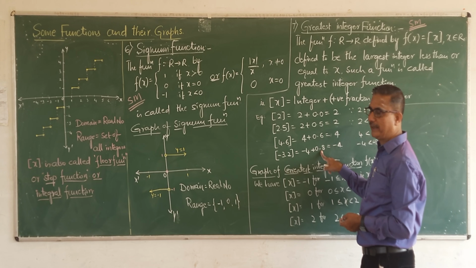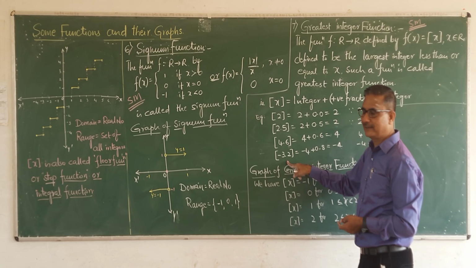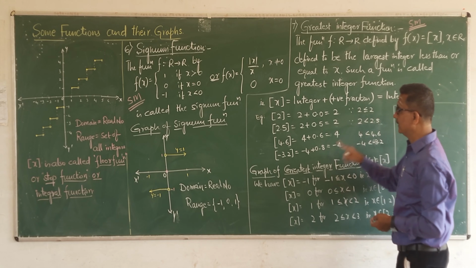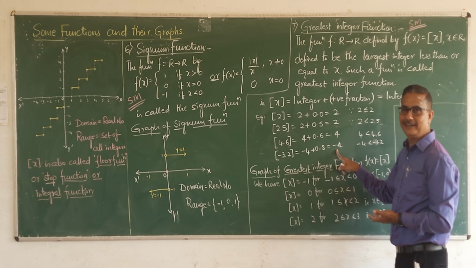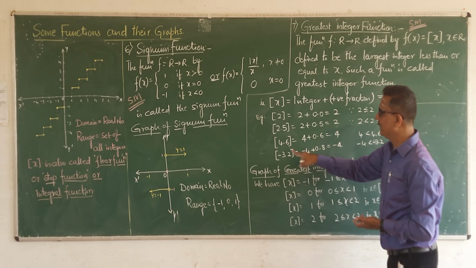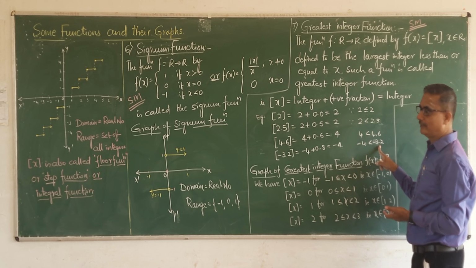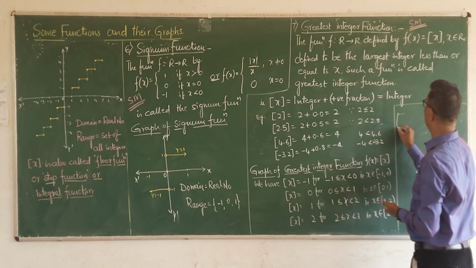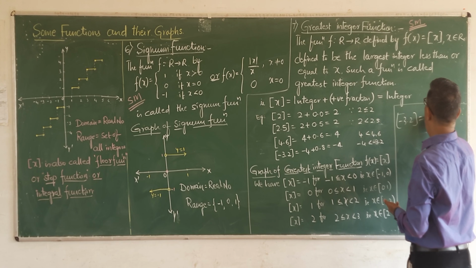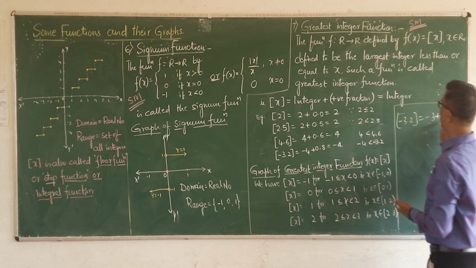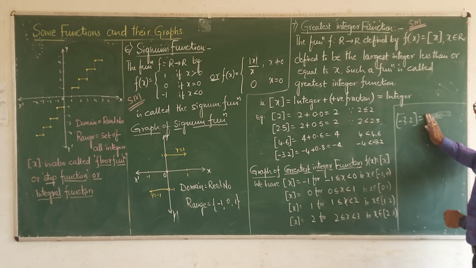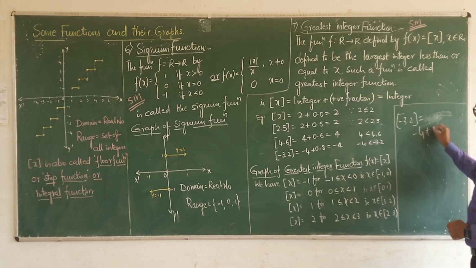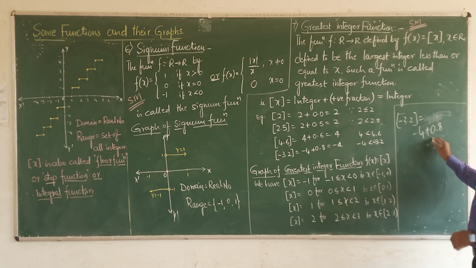Minus 4 plus 0.8 is equal to minus 3.2, right? Among those two, which one is the integer? Minus 4 is the integer. Clearly minus 4 is less than minus 3.2. Note: don't write minus 3 plus 0.2, because minus 3 plus 0.2 is not equal to minus 3.2. Instead, minus 4 plus positive fraction 0.8 is equal to minus 3.2.